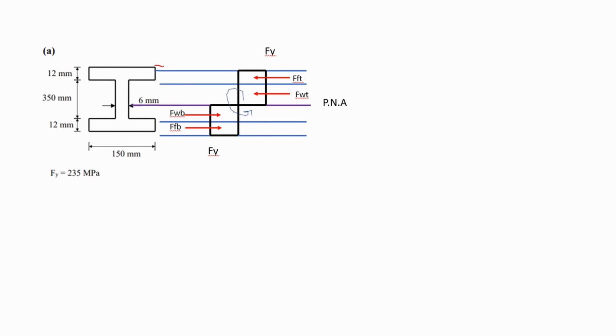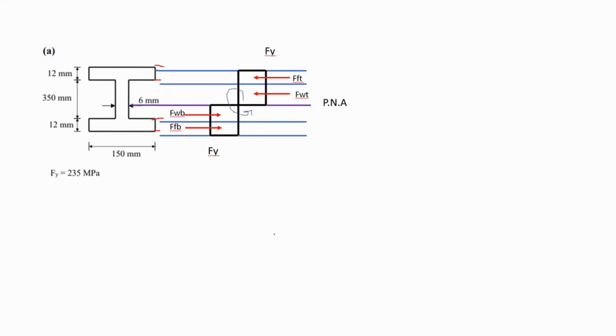First of all, I have this point at the top, then the shape changes here to the web, and I have another part here, and lastly at the bottom. So as you can see, I have 4 blue lines. Now for the plastic moment, we have to consider that we have a plastic neutral axis.